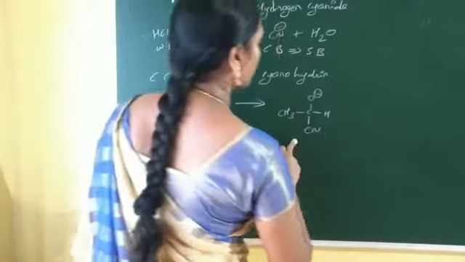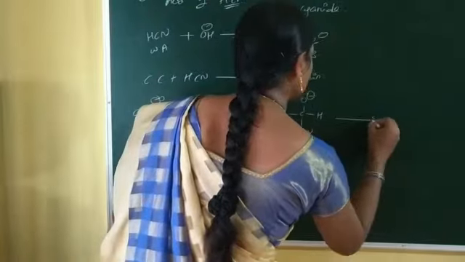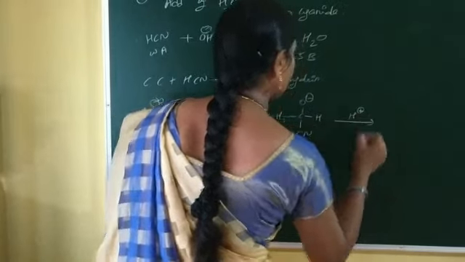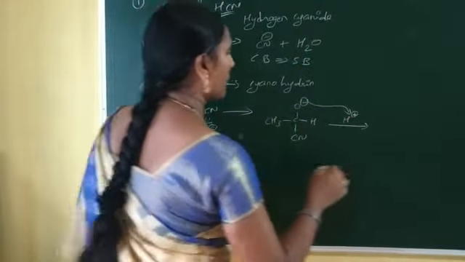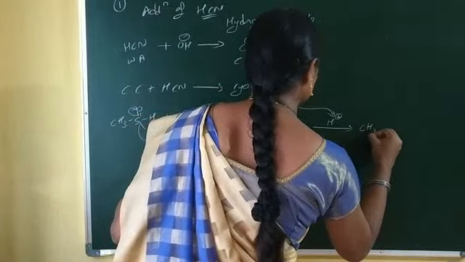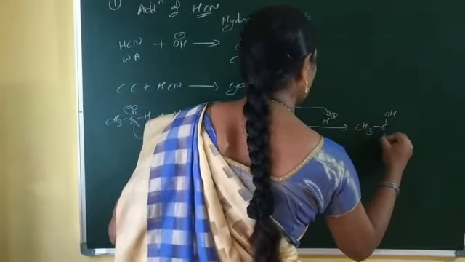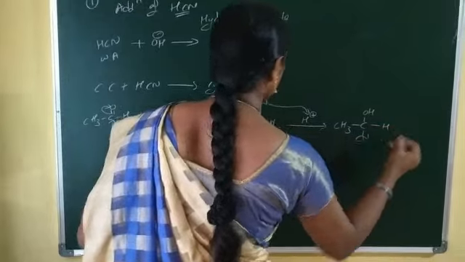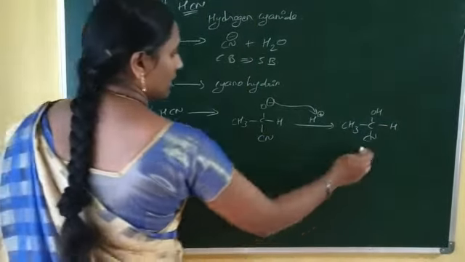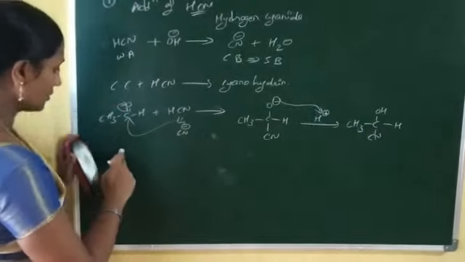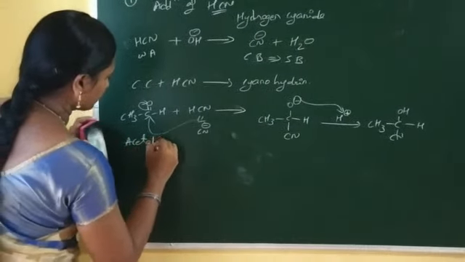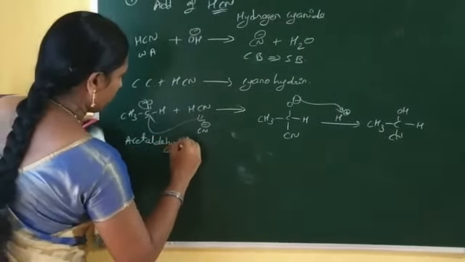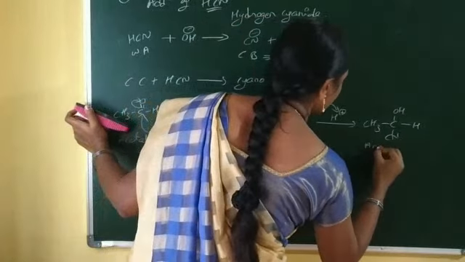An oxonium ion is formed. This oxonium ion is treated with an electrophile like H plus. The oxonium ion abstracts this H plus to form OH. CH3, C, OH and CN and H. The product name is cyanohydrin. The reactant is acetaldehyde, so the product is acetaldehyde cyanohydrin.